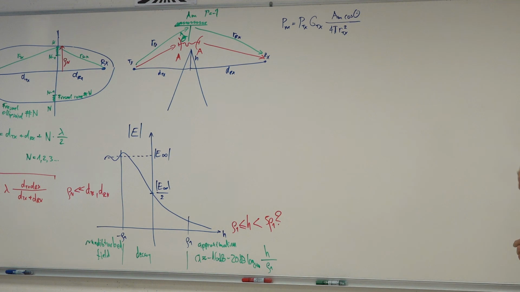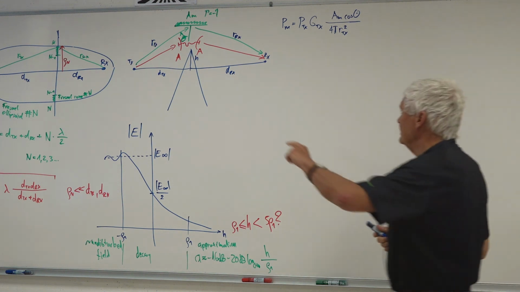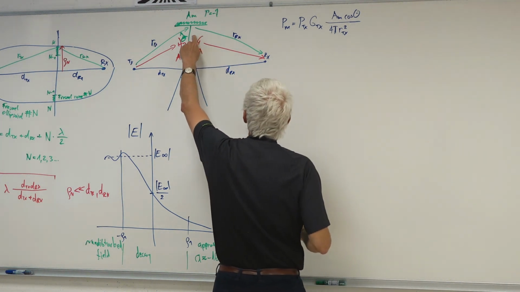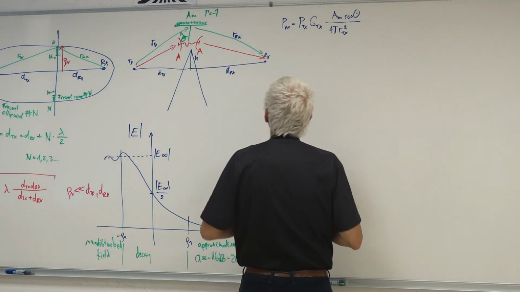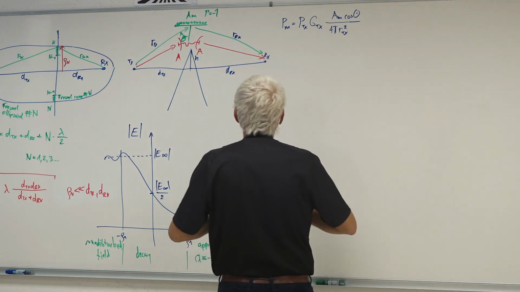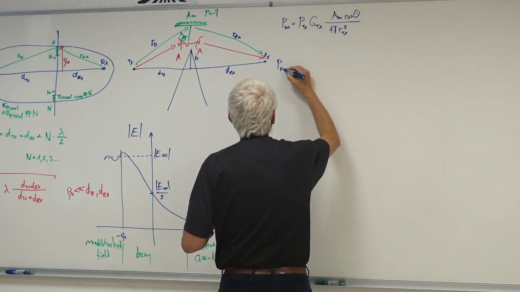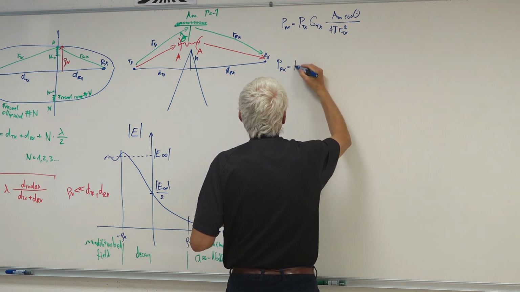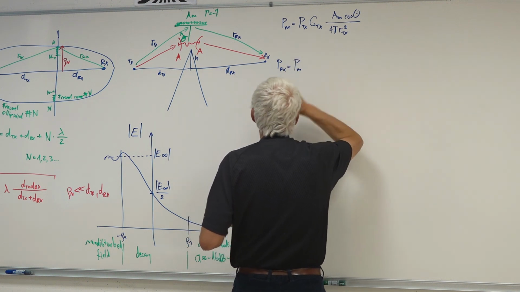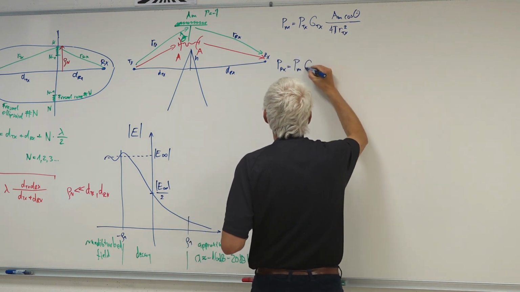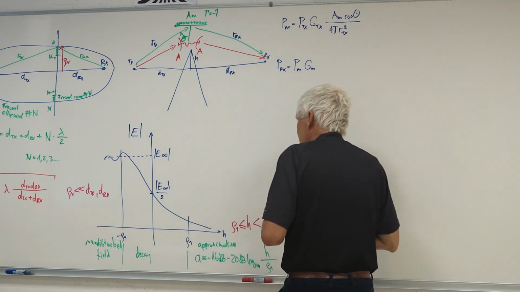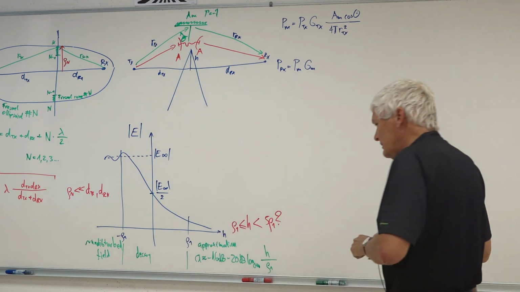Then we have the link in the other way, the link from the mirror down to the receiver. The power we get in the receiver is the power that we have on the mirror. The mirror may have some gain, because it behaves like a directional antenna.